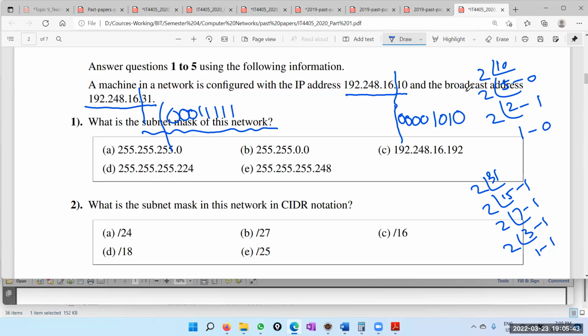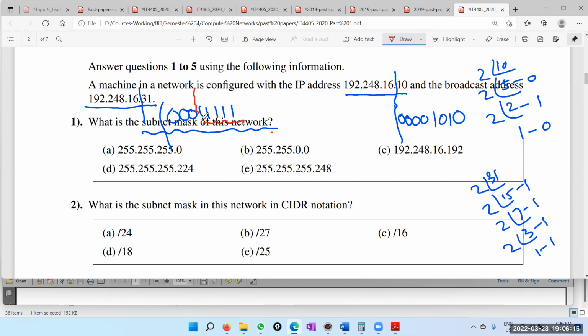Remember, the broadcast address is making all the bits beyond the subnet portion 1. So we can see that yes, they are all ones. It has to be, right? And how many ones are there? 1, 2, 3, 4, 5.